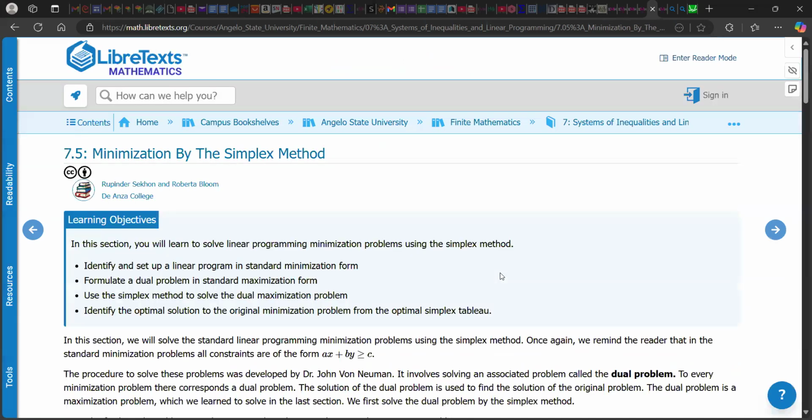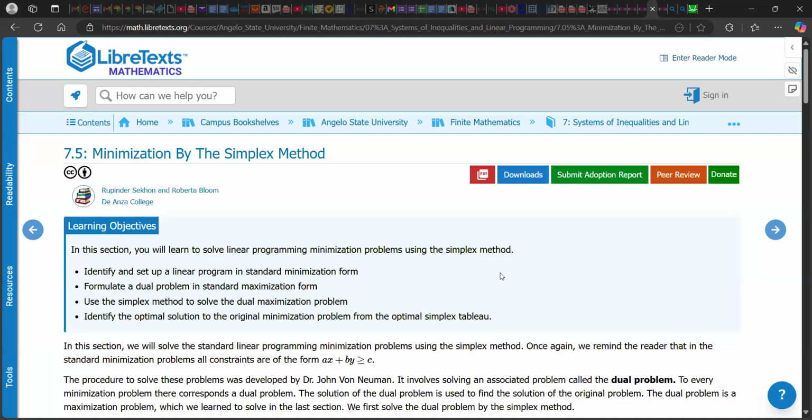Good. Now, when it comes to minimization problems using Simplex, things get marginally more complicated. And therefore, the best method that I see for you to be able to do any minimization problem is to do this.